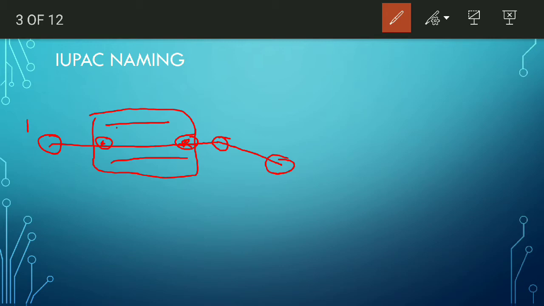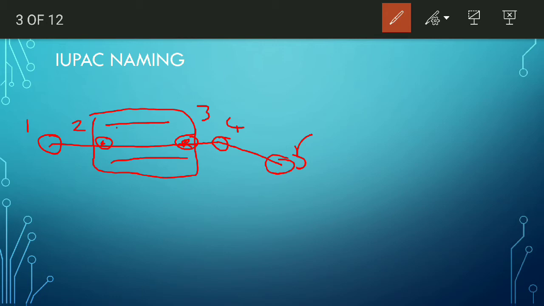So let's do it from left to right. Now tell me the 1 degree prefix. There is no cyclic compound, so there will be no 1 degree prefix. And there is no 2 degree prefix as well because we don't have any locant.